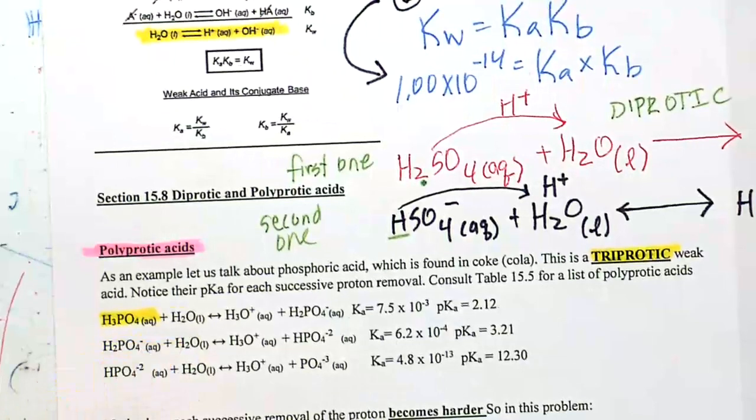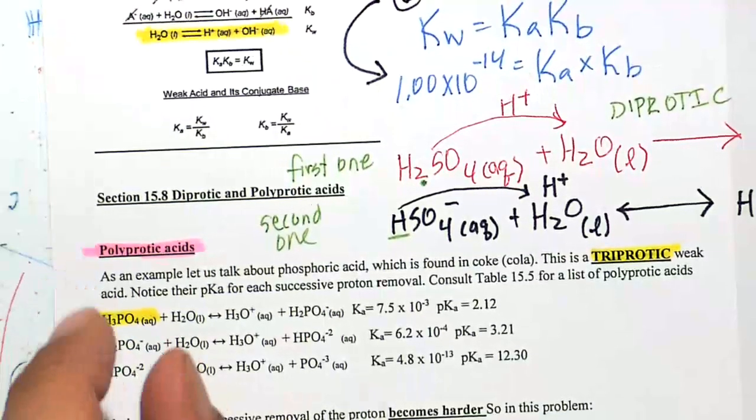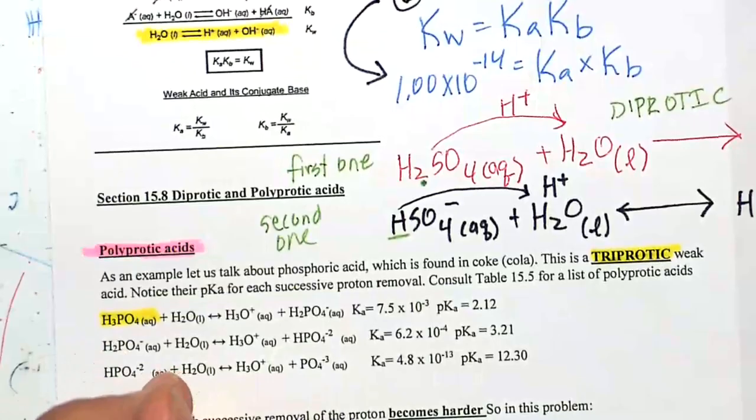Why am I mentioning Coke? Because Coke has a lot of phosphoric acid. Have you ever watched YouTube videos where they clean a car battery with Coke? That sounds very gross. And there's also another one where they soak an egg in Coke.